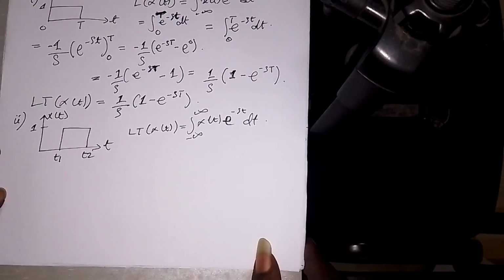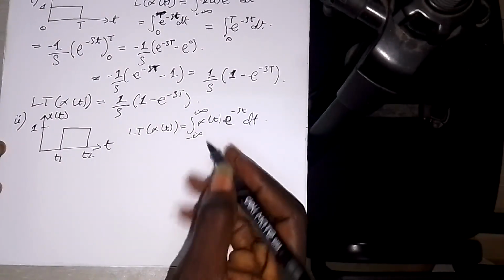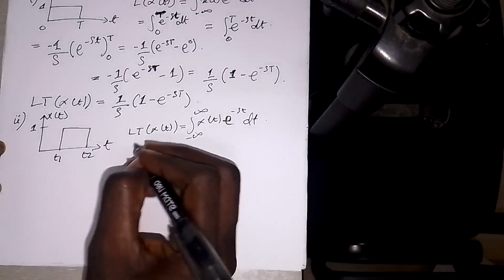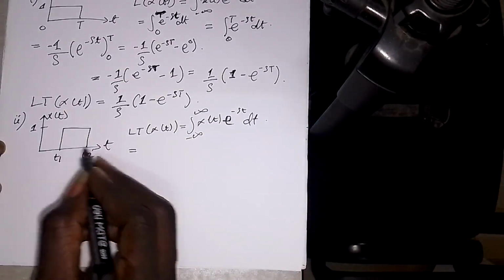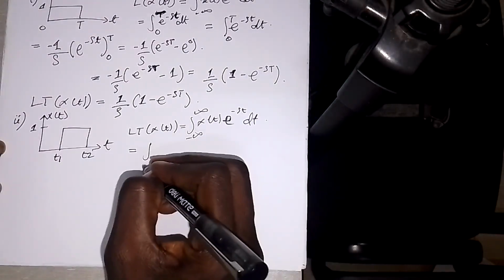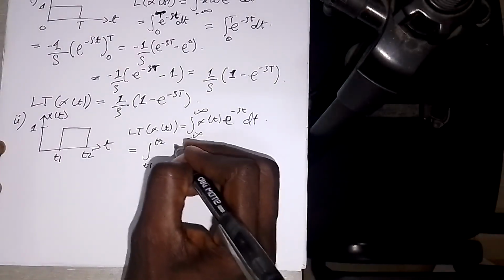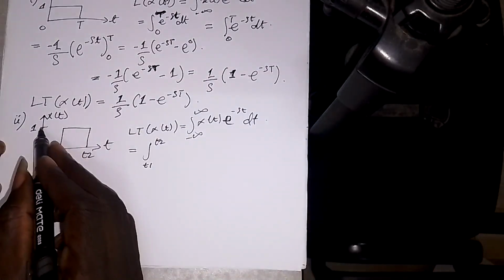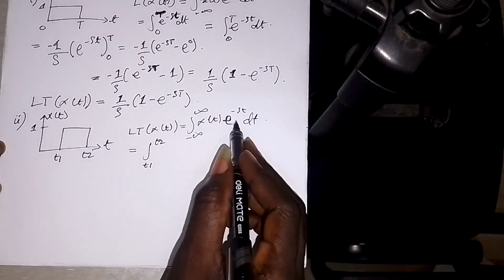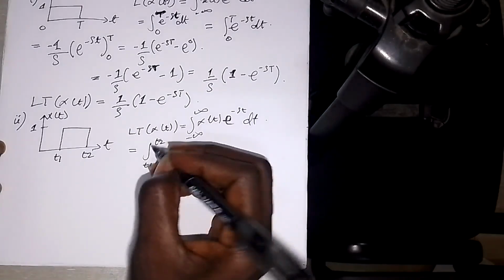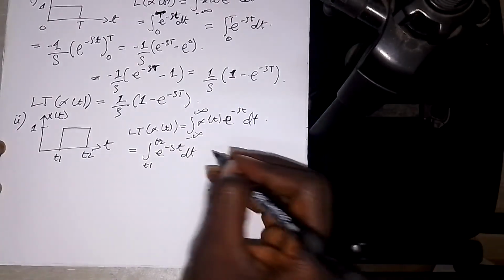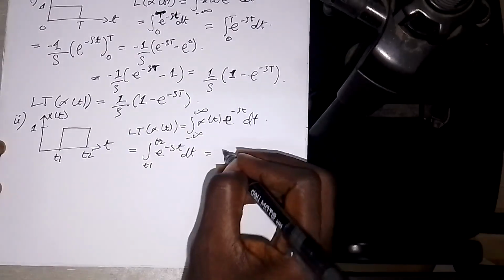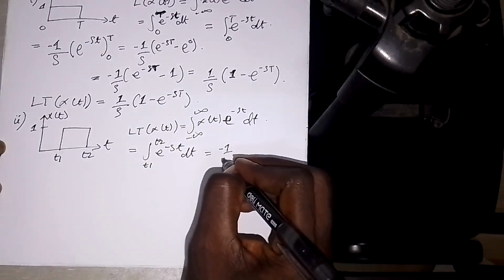Now going forward, if I introduce the limits, which occur from T1 to T2, I'm going to have here T1, here T2. Here x of t is 1, so 1 times this one will be this one. So I'll just have e to the minus st dt.